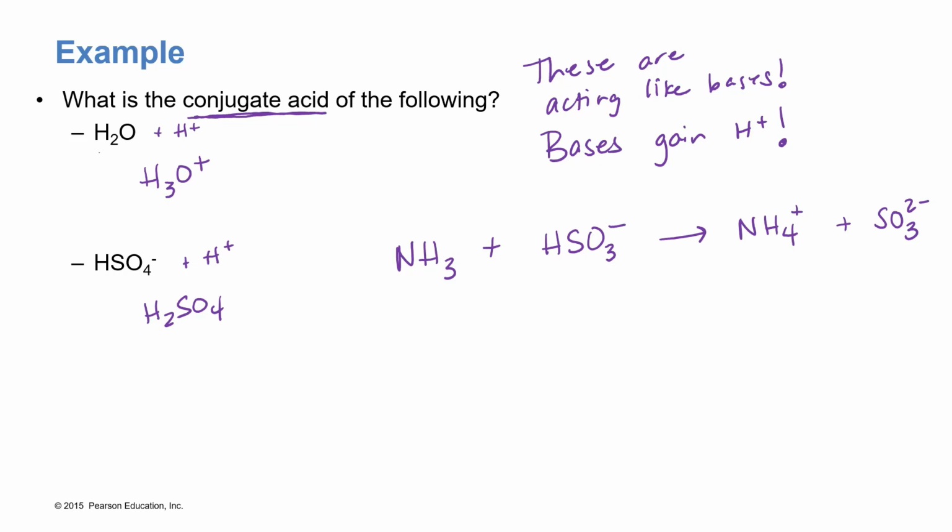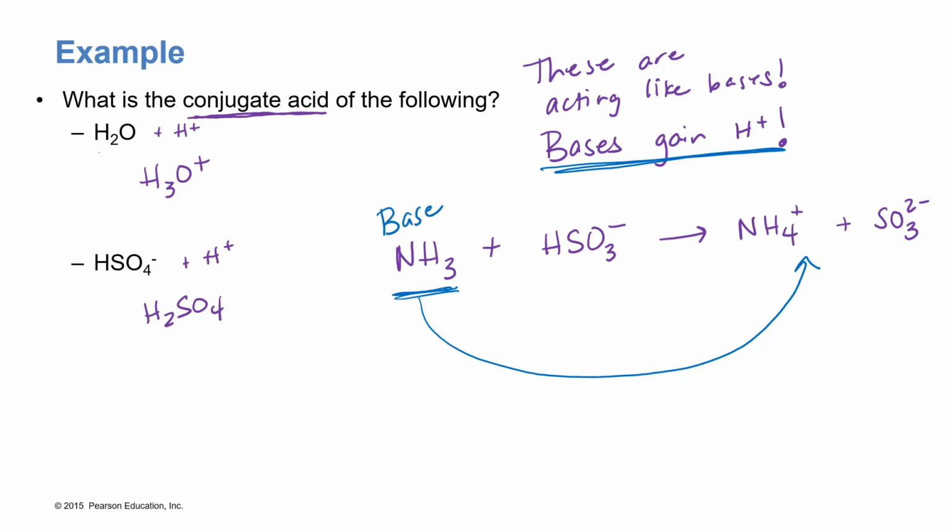And we want to know which one's the acid, the base, the conjugate acid, and the conjugate base. So I'm first going to look at this, and I'm going to see what happened to it. Well, NH3 gained a hydrogen and became NH4+. So if it gained a hydrogen, then that means, by definition, this is the base. And after bases gain a hydrogen, they become conjugate acids.